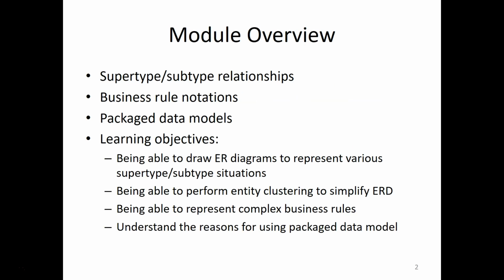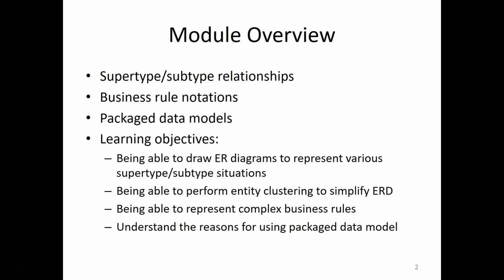So in many real-world situations, you will find supertype-subtype relationships very useful. When we talk about customers, employees, and products, there are usually many different types of customers, employees, and products that can be categorized into different subtypes.